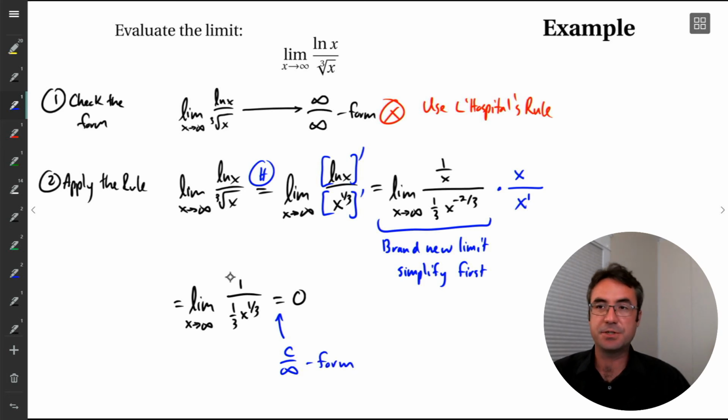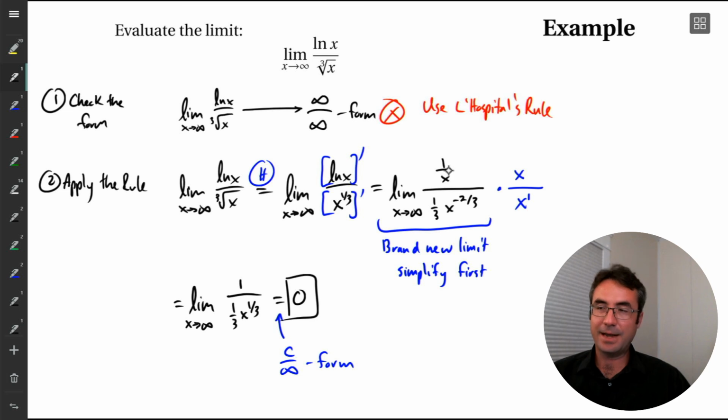So the top is just approaching a constant. Actually, it is constant, but it's approaching some constant. And the denominator here, if x is getting really large positive, the cube root is getting really large positive. So this entire denominator is just getting really big. And so as x gets larger and larger positive, we end up with this c over infinity form, which we know goes to 0. So there's our answer.